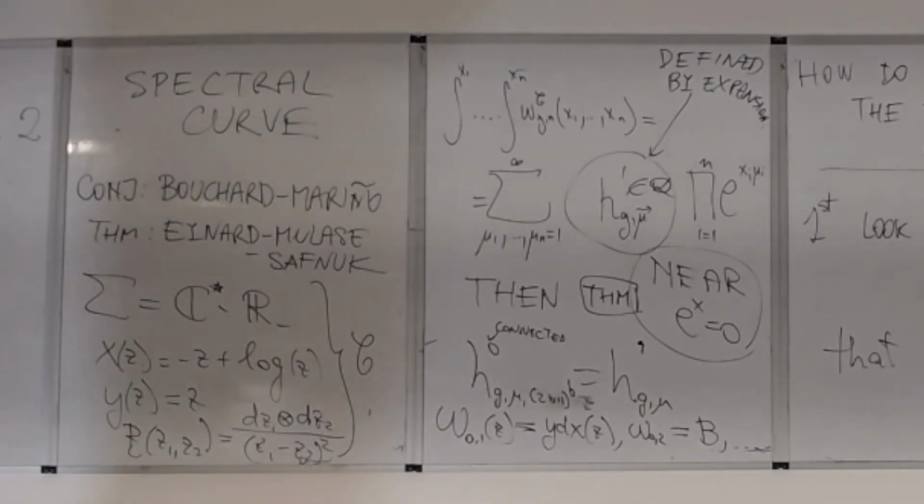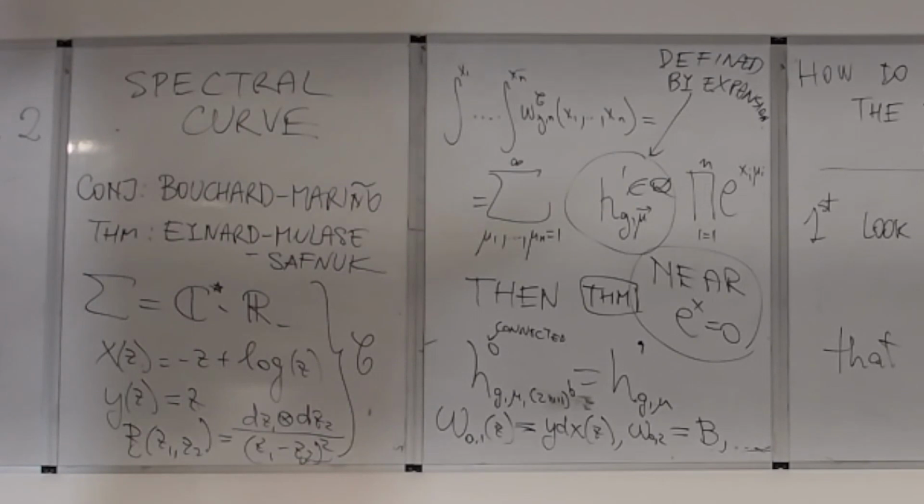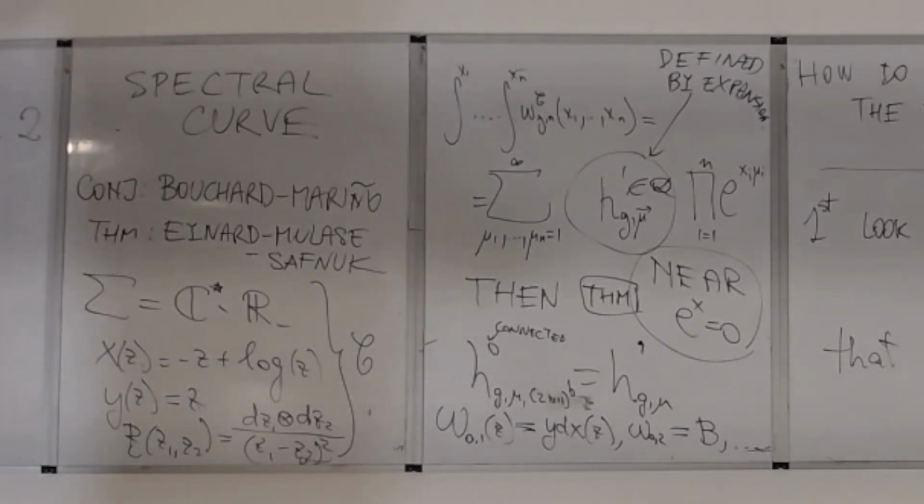So there was this big work remodeling the B model, BKMP. These are the acronyms of the co-authors. Then out of that, there was a branching of the project by Bouchard and Mariño, where you have toric Calabi-Yau threefolds, and in particular you focus on C3. The mirror of that is this topological vertex.